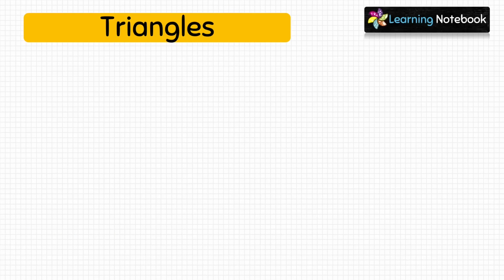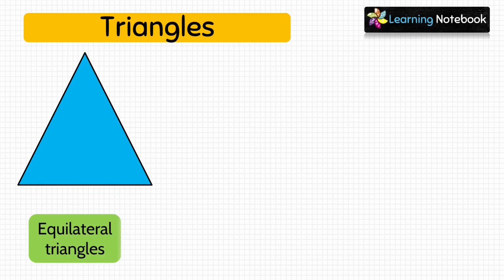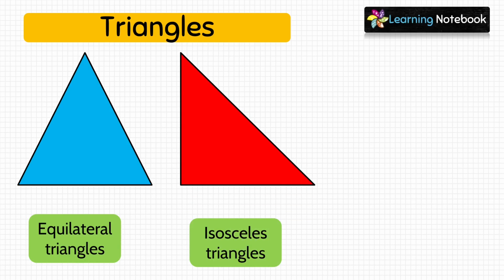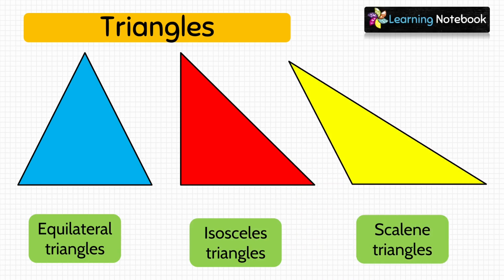Students, before getting into Heron's formula, let's talk about triangles. There are basically three types of triangles: equilateral triangles, isosceles triangles, and scalene triangles.